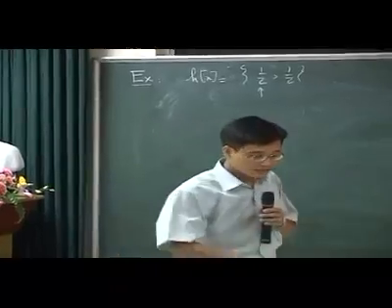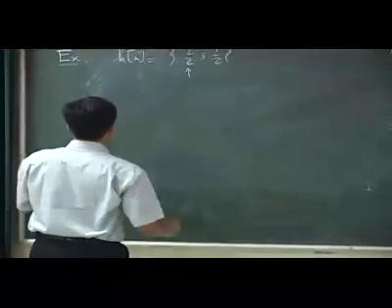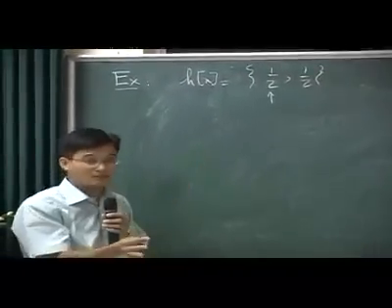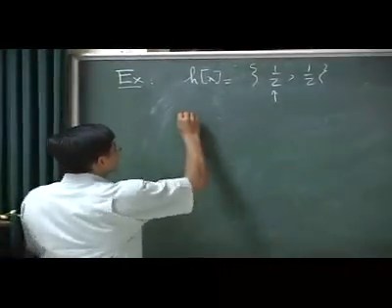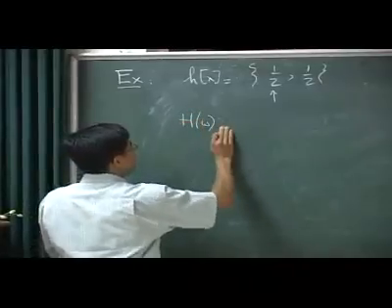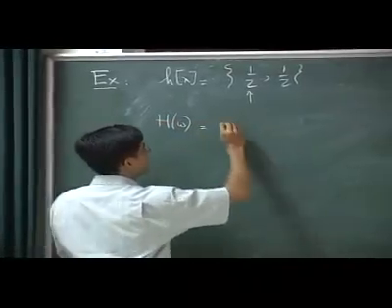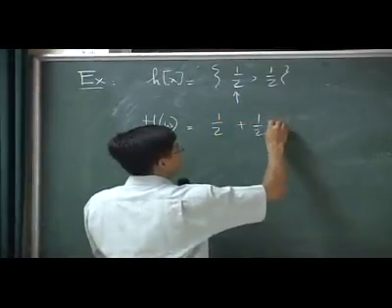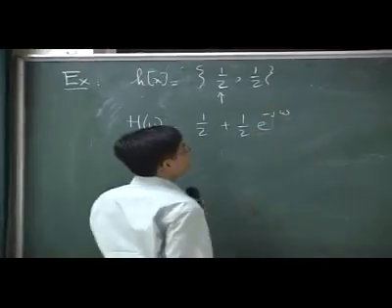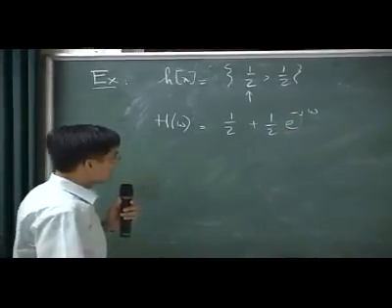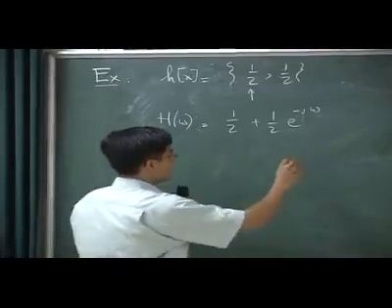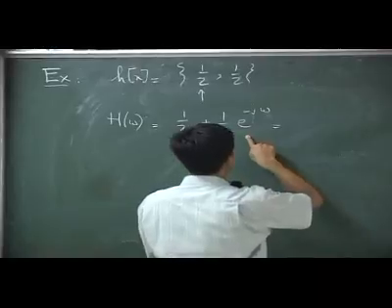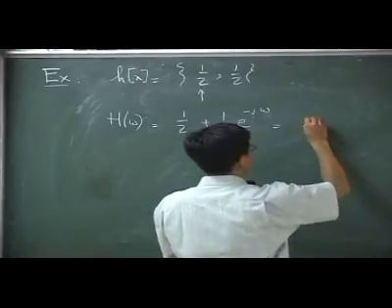To do that, we need to go to the Fourier domain, because filtering becomes multiplication. So H(omega) is, by plugging in the formula, 1/2 plus 1/2 e^(-j omega). We need to find out this, so it is just these two things. Maybe I pull out an exponential.